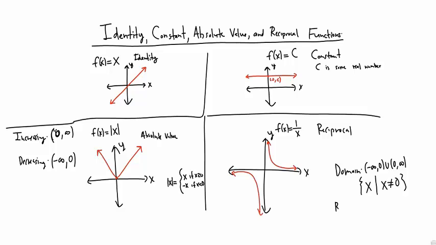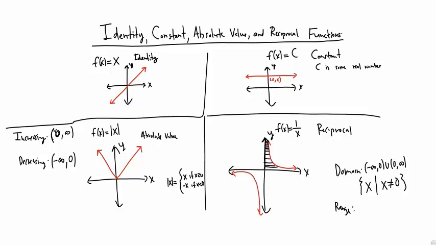And what about the range? Let's take a look at the graph. If we project the graph onto the y-axis, you see that all these points on the y-axis up here get hit. So the range will include all the y's greater than 0.